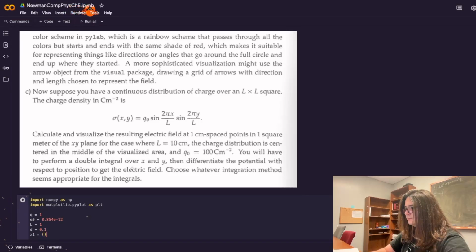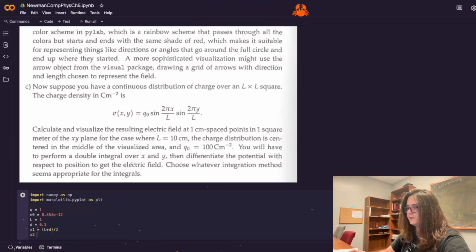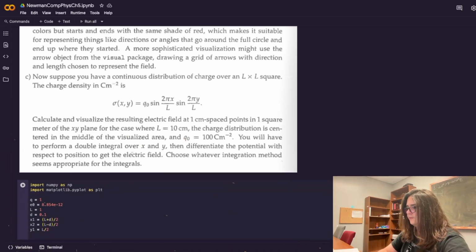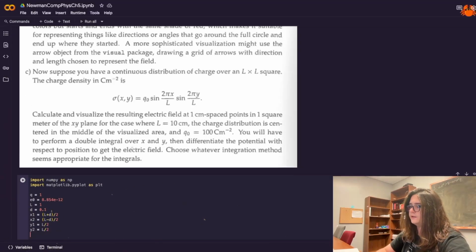So that's going to be the length of the box plus the separation between the 2 particles, divided by 2. Similarly, the position of the negative particle will be L minus d over 2. We're going to have them both be centered in the plane, so y1 equals L over 2 and y2 equals L over 2, but you can, of course, change that for other problems if you want.